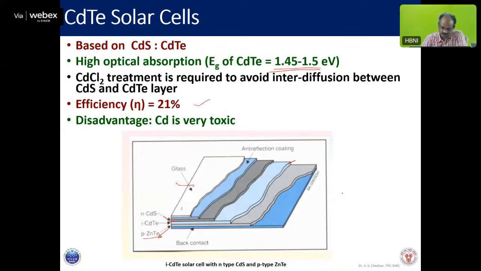So now the structure becomes P, intrinsic and then N, and this is the top side, and then you have a back contact here. So between these two you make connections.